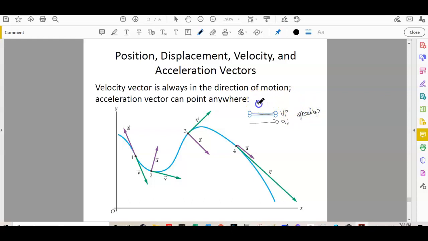And this is V initial and A, same direction. However, if your velocity vector and acceleration vector are pointing in opposite directions, you're slowing down. So opposite, this is slowing down, right?